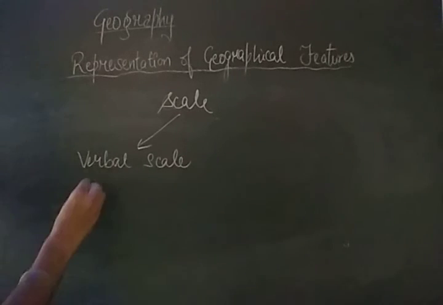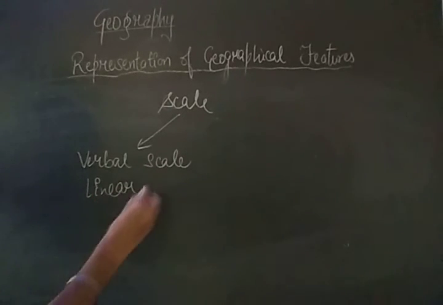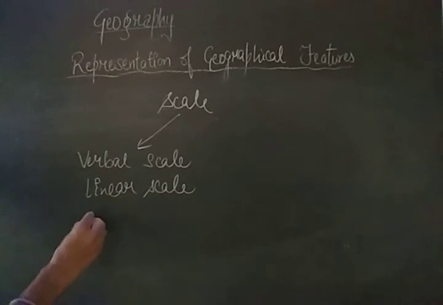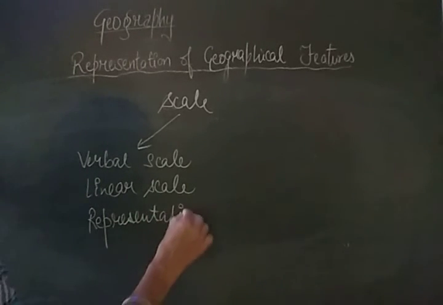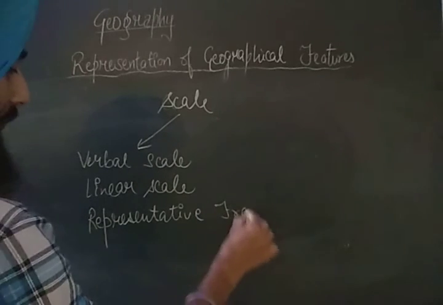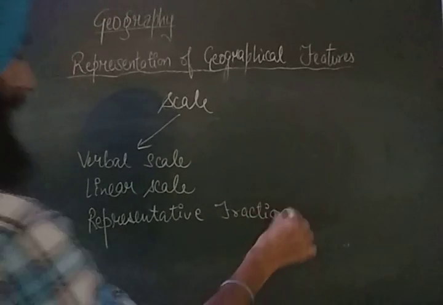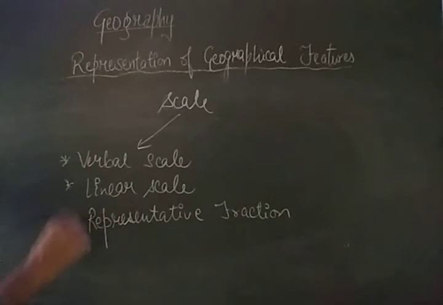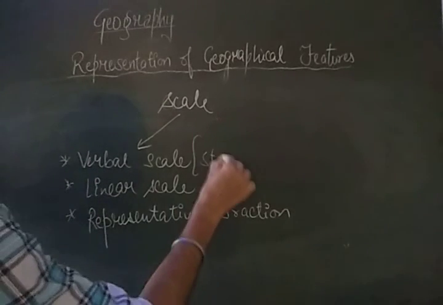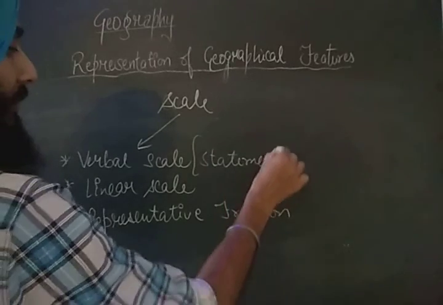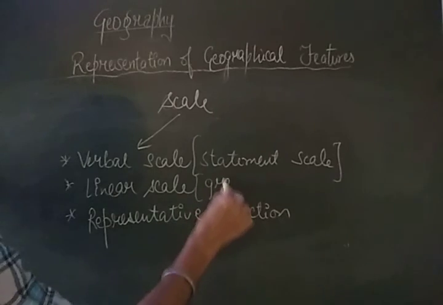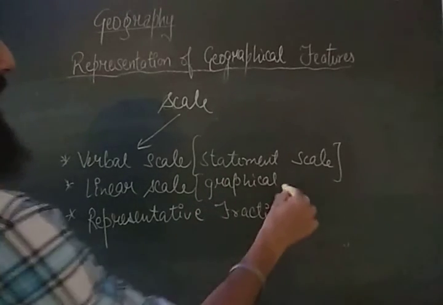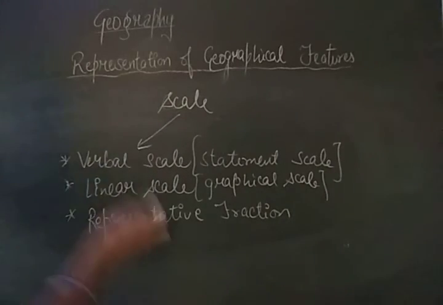The second one is linear scale, also known as graphical scale. And the third one is representative fraction.